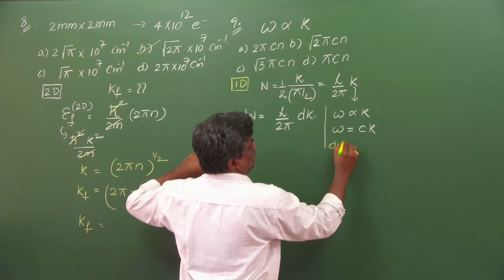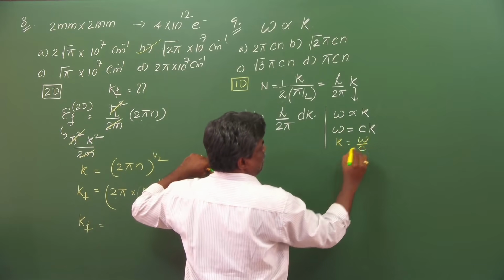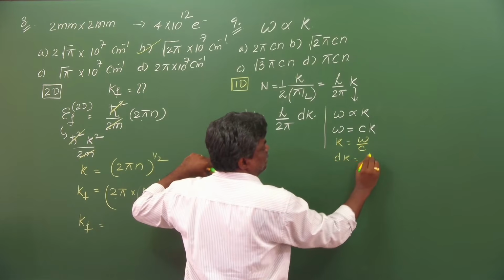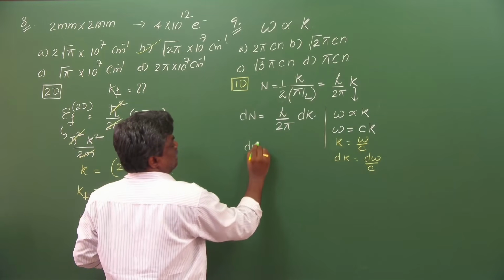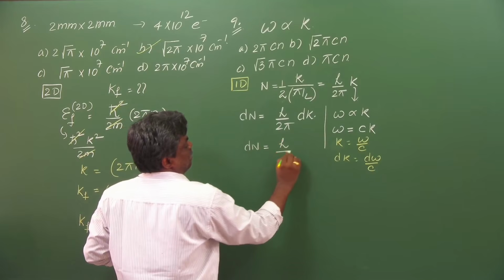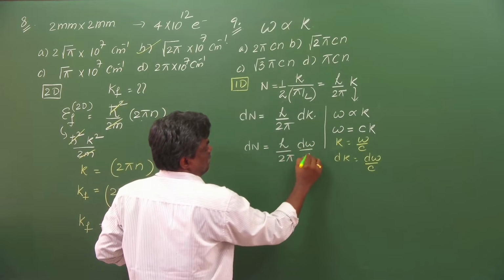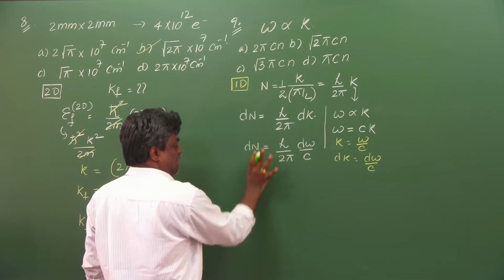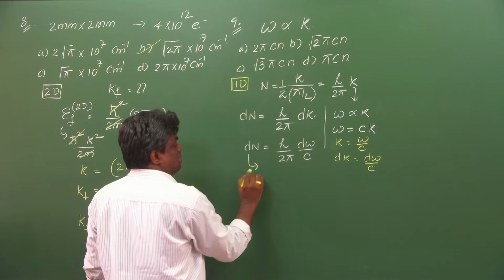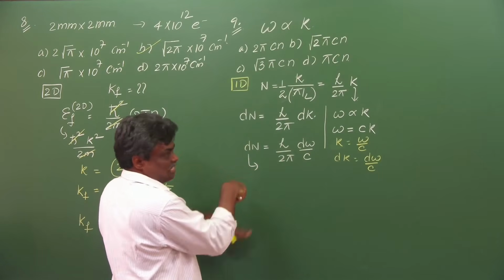You can take dk or d omega, anything. k equal to omega by c, dk equal to d omega by c. Now dn equal to L by 2 pi into d omega by c. Finally, this dn can be written as, I hope you remember what we wrote there, g of e. But this is not g of e. What is this?